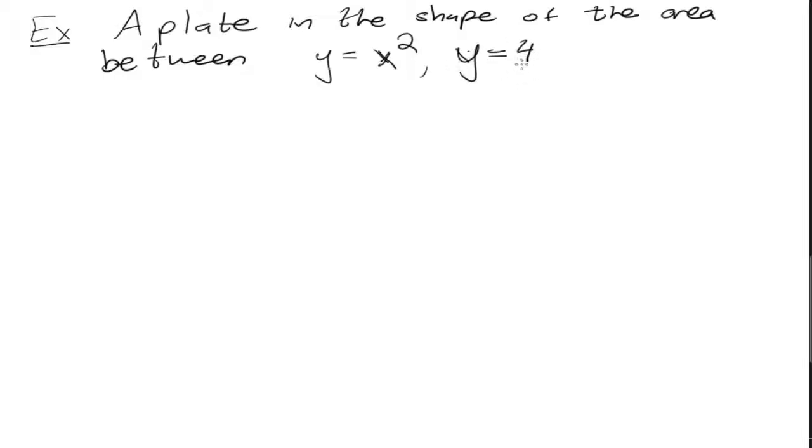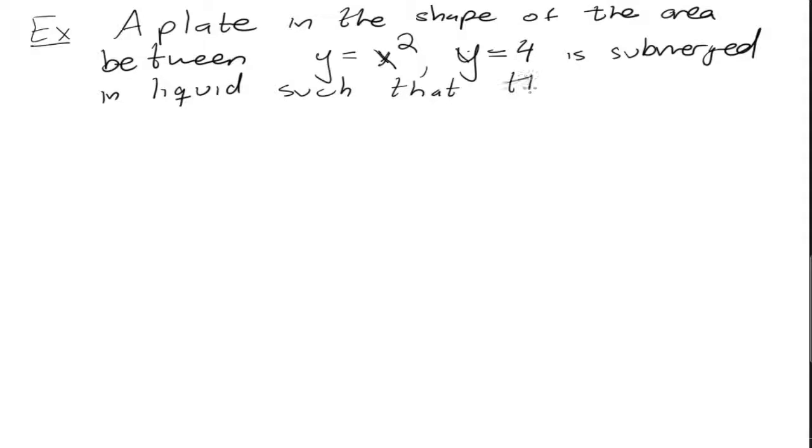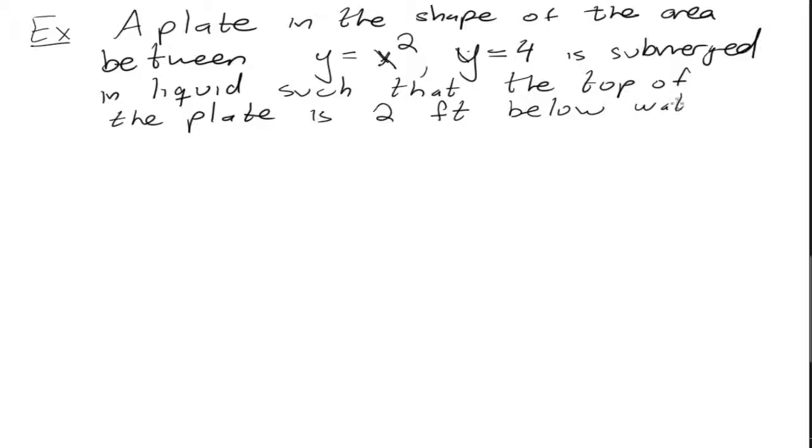So a plate in the shape of the area between those two is submerged in liquid, whatever, such that the top of the plate is, let's say, 2 feet below water level.